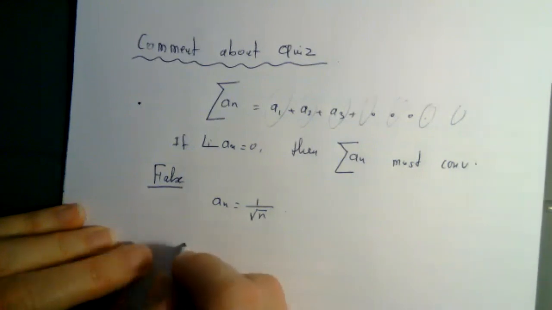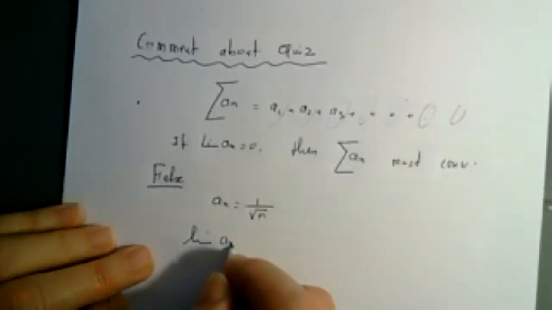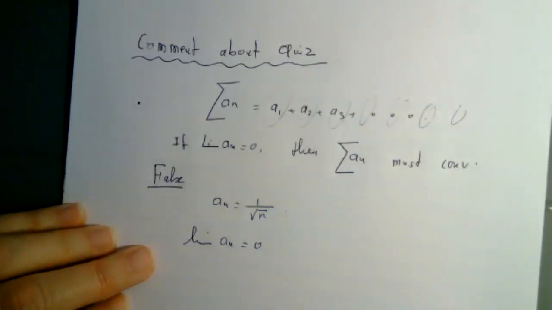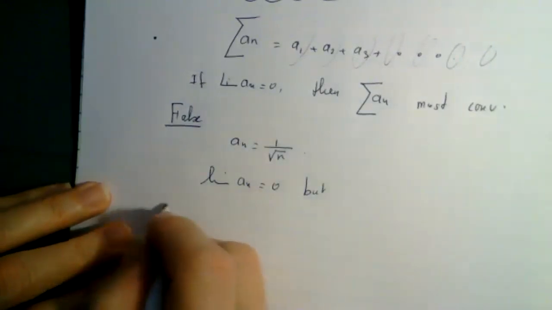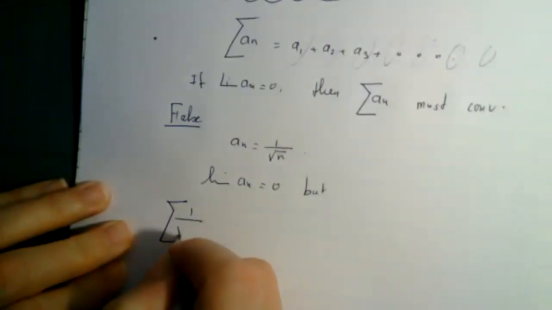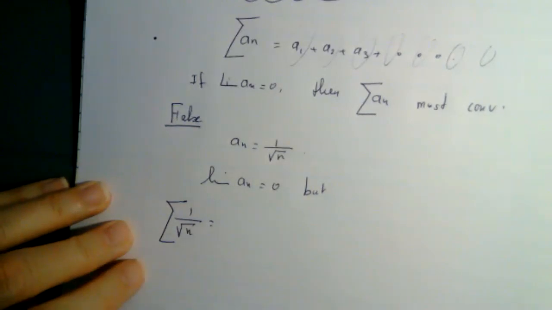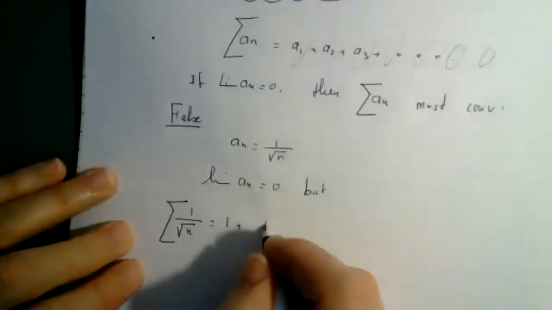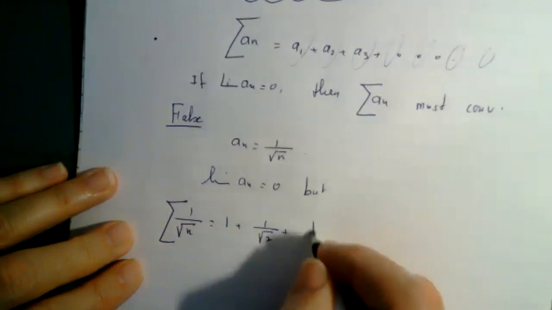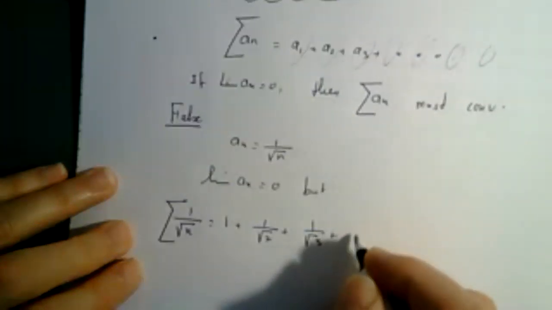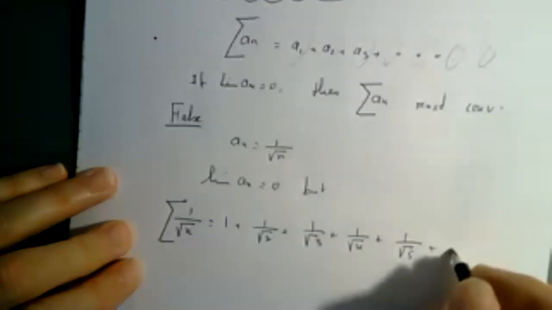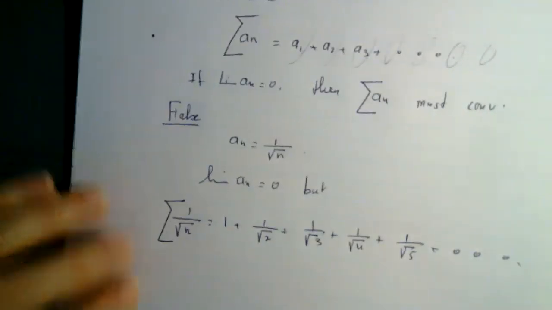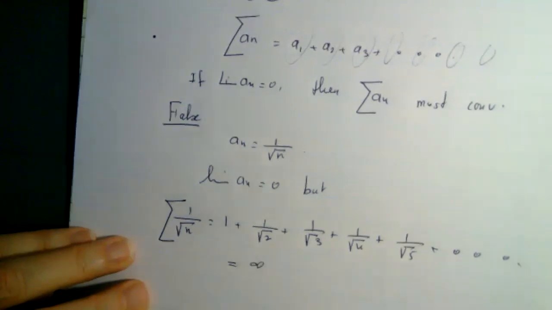Then in this scenario the limit of an is equal to 0, but when we start adding those terms, and this is something we did, I gave you the partial sums once in class, then this sum will be equal to infinity.